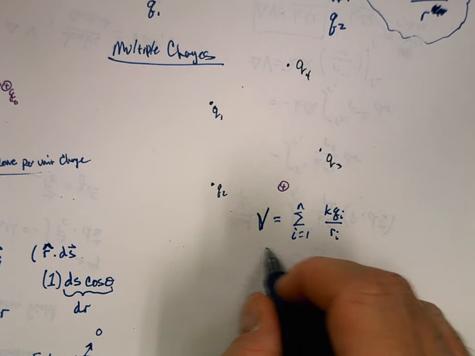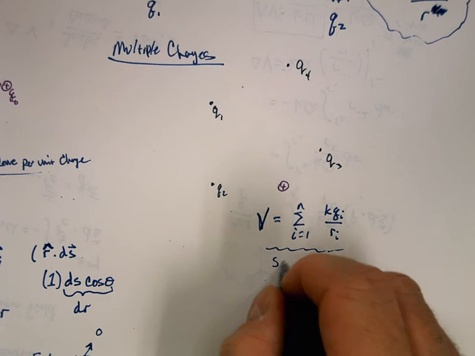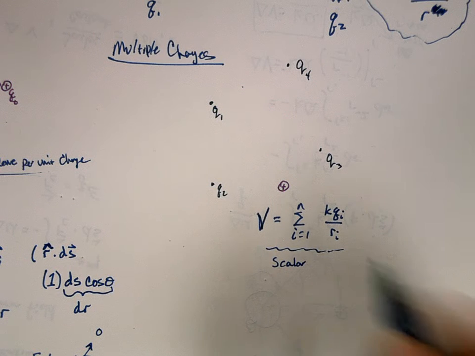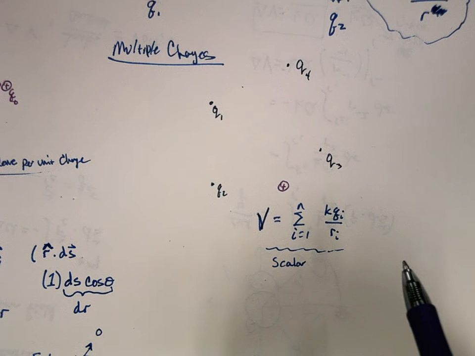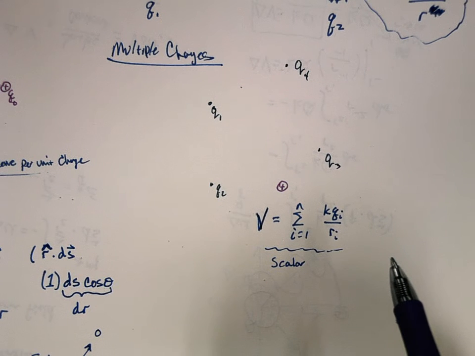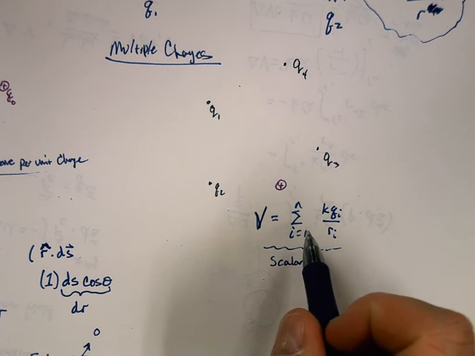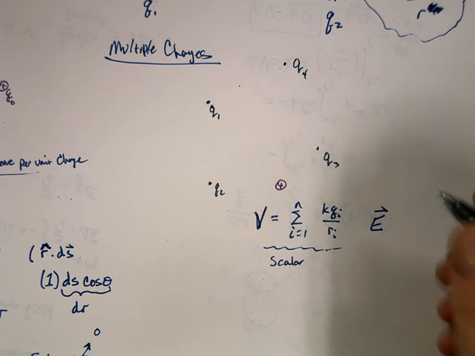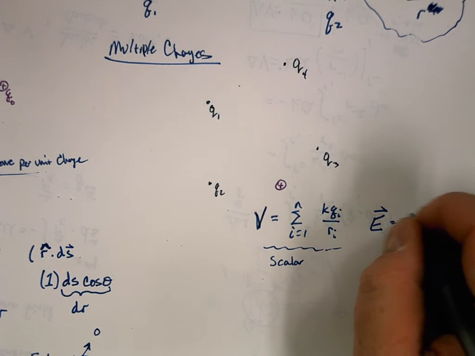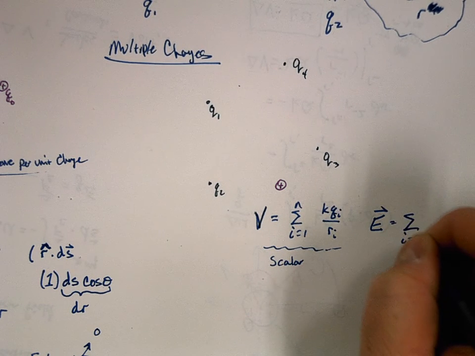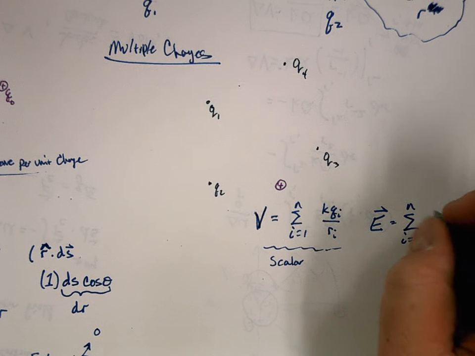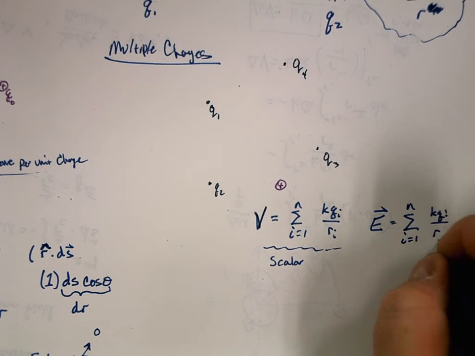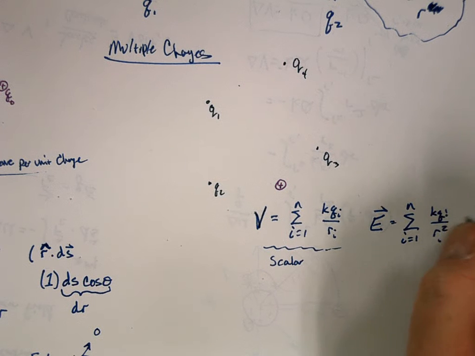But this is a scalar. This is important. It doesn't matter the direction. This is a scalar value. Electric field is not. Electric field, remember, is the summation of i equals 1 to n of k Qi over ri squared, ri hat.